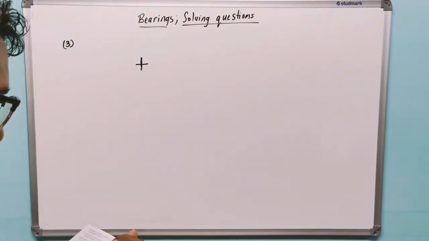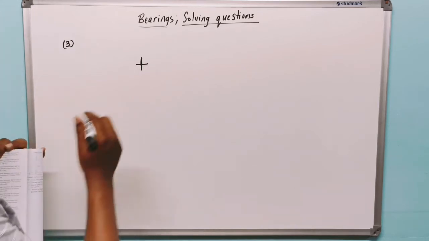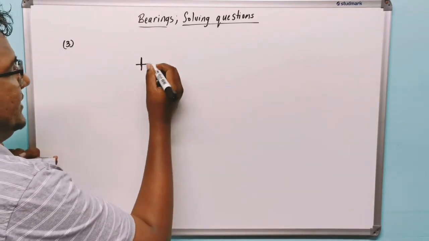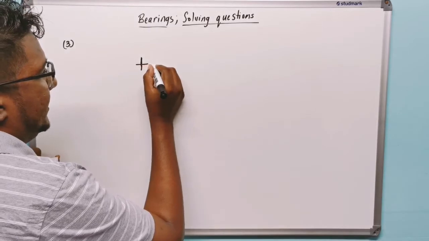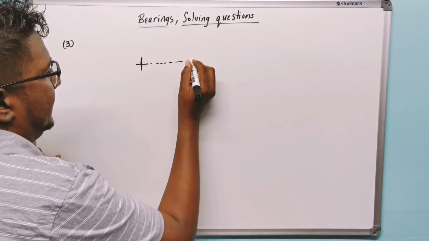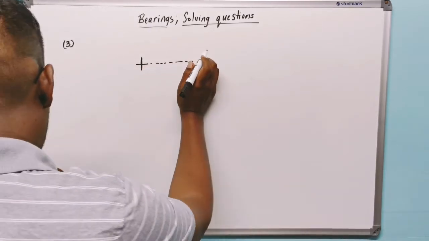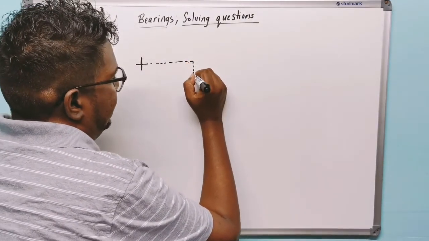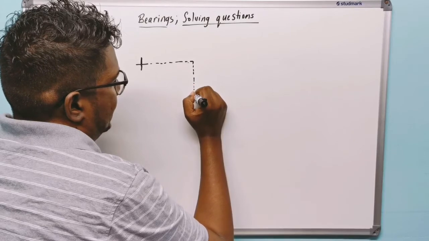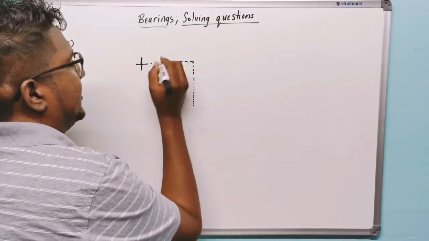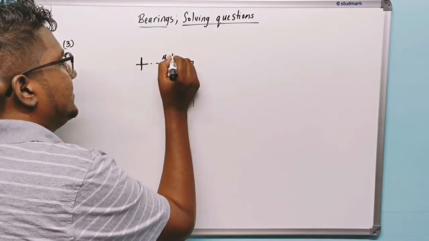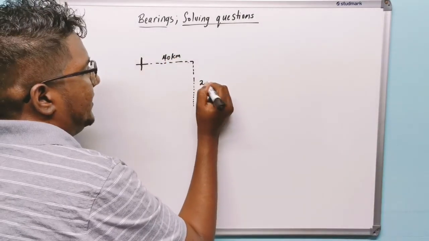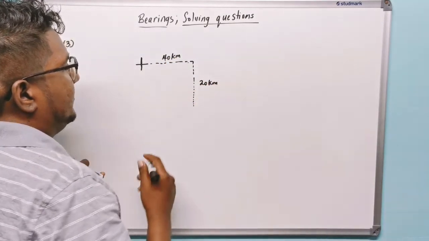So it went 40 km east, which is north, south, west, east, and then 20 km south. So it went 40 east and 20 km south.